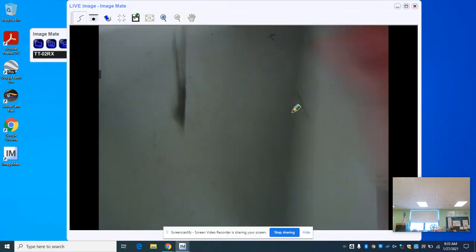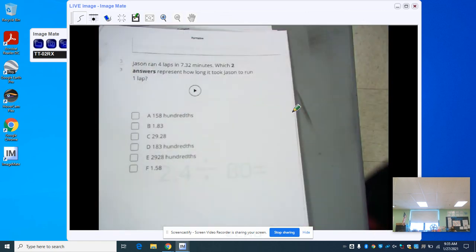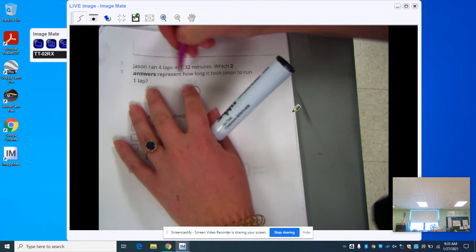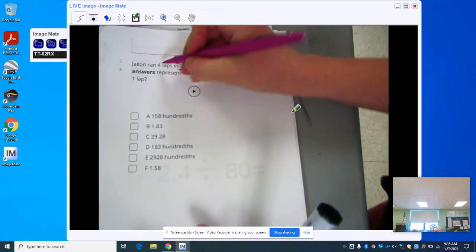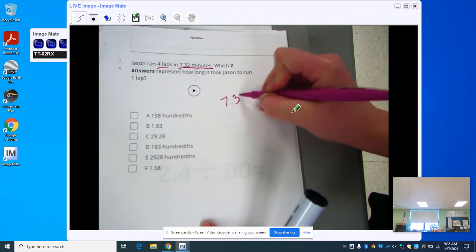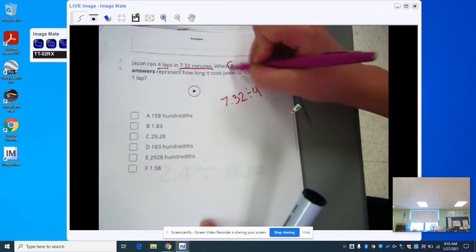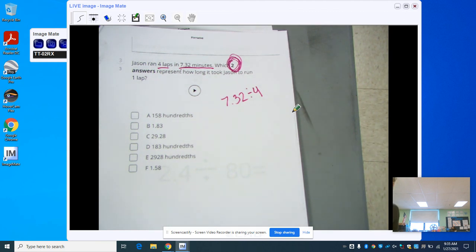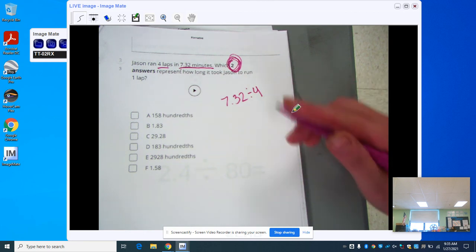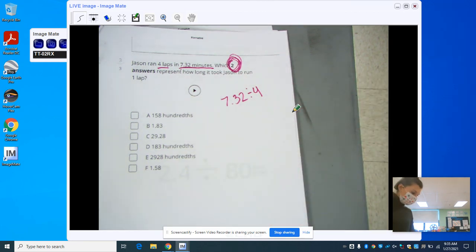Let's move on to question 3. Same idea as question number 2. 7 and 32 hundredths minutes, or 7.32, divided by 4. You are looking for 2 answers. The answers will be the same, but you are saying it in a different way. Same idea.